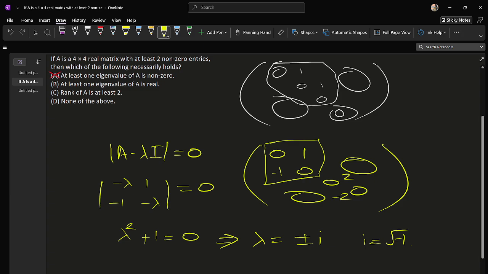They told us with at least two non-zero entries, so okay, we will get this. Then in this block matrix our eigenvalues will be plus minus 2i. Okay, then we can see that all eigenvalues are not real, that means they all are complex numbers.